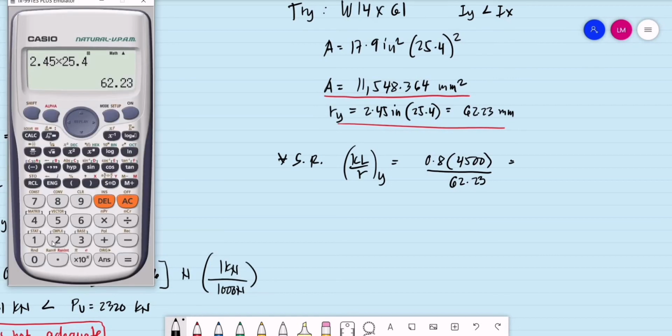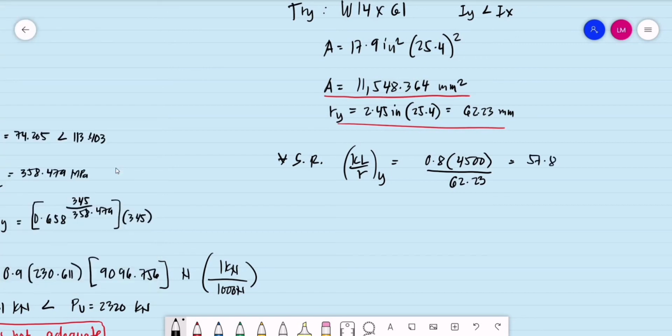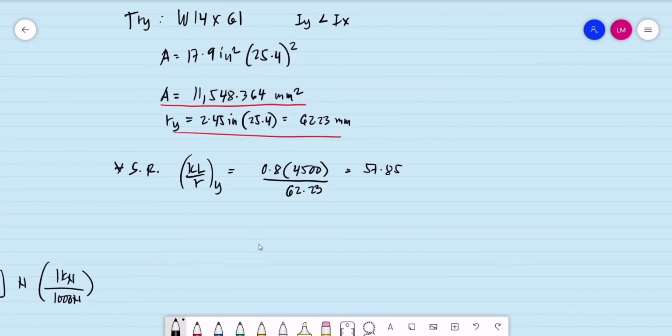This is now equal to 0.8 of 4,500 divided by 62.23, that is equal to 57.85. And again, this is less than 113.403, or that is the same as the 4.71 square root of E divided by Fy from a while ago.